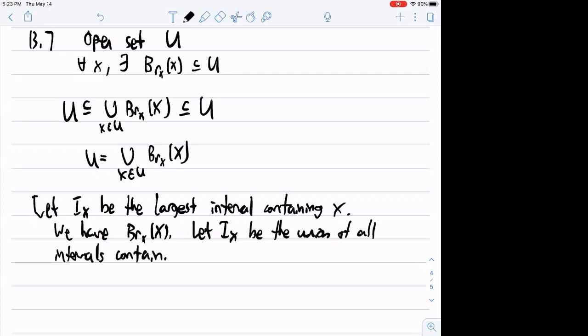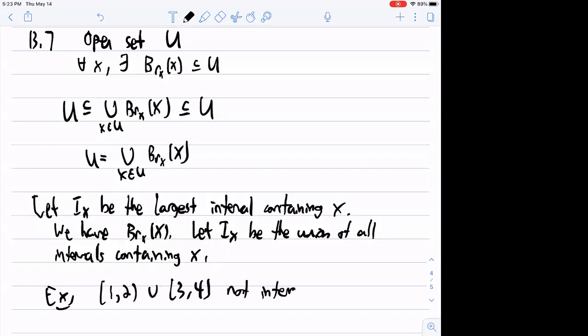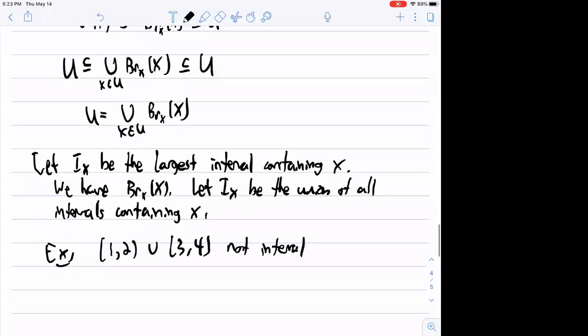This is one particular proof. You don't have to do mine. A priori, a union of intervals need not be an interval, right? For example, (1,2) union (3,4) is not an interval. But if they share a common point, it's going to be an interval, like (1,2) union (1/2,5) is (1/2,5).